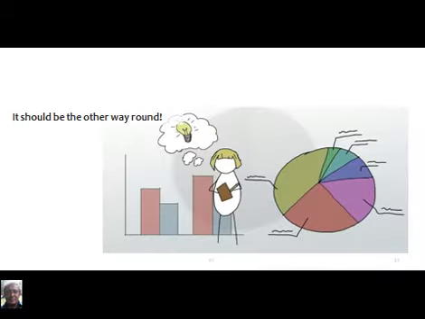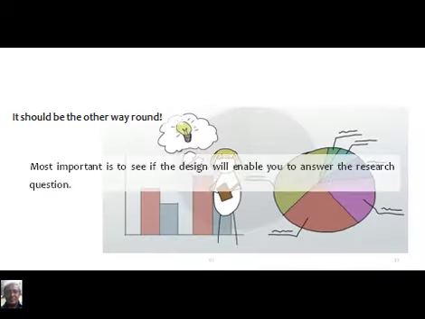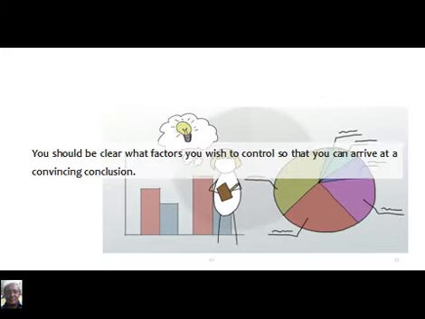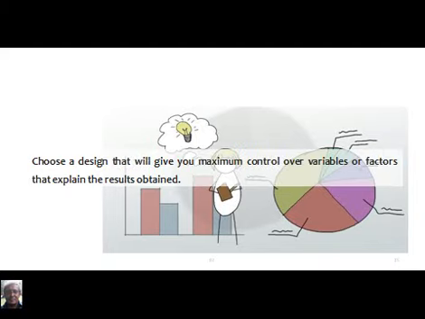It should be the other way round. Most important is to see if the design will enable you to answer the research question. You should be clear what factors you wish to control so that you can arrive at a convincing conclusion. Choose a design that will give you maximum control over variables or factors that explain the results obtained.